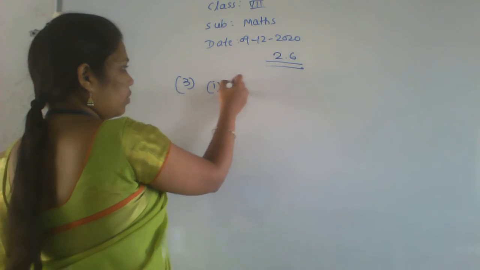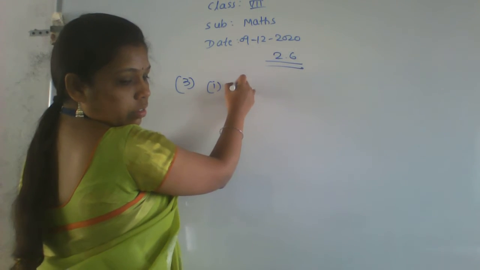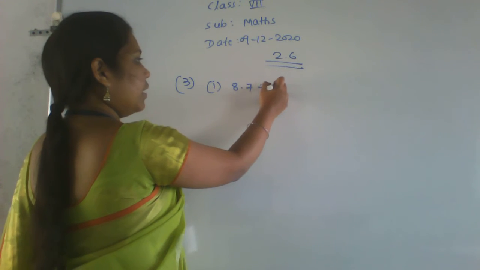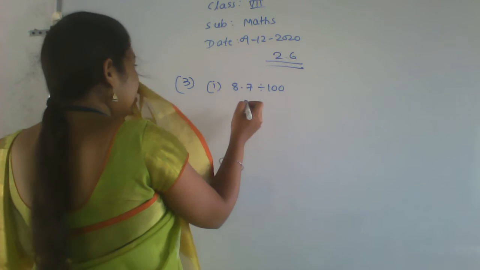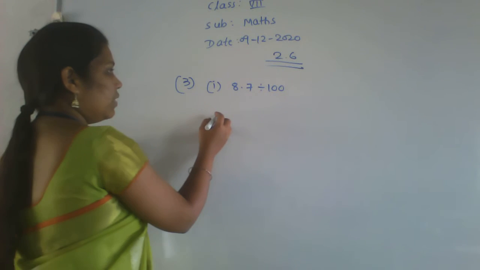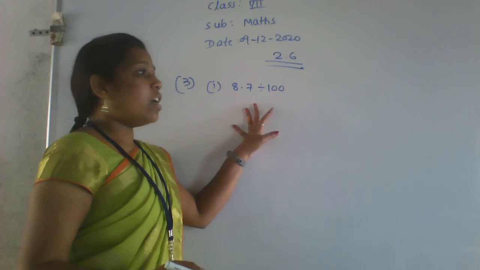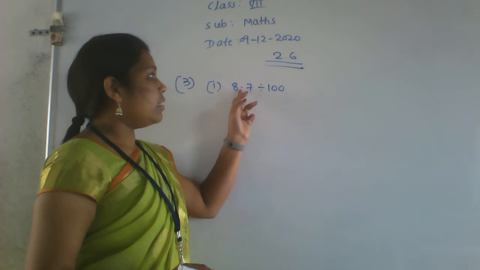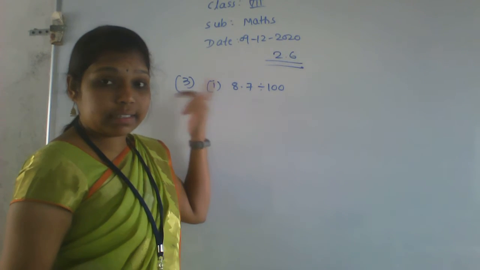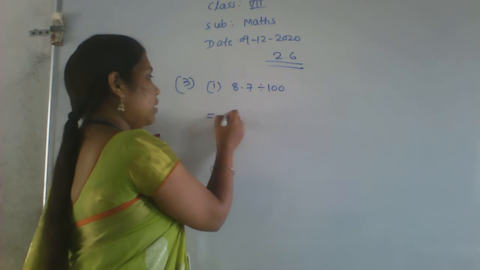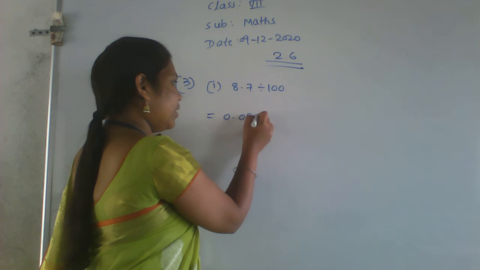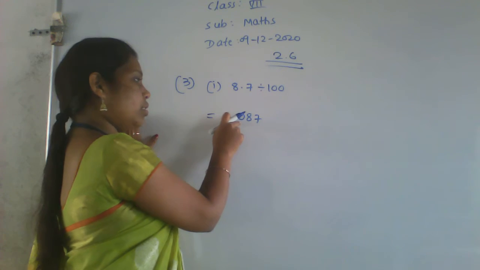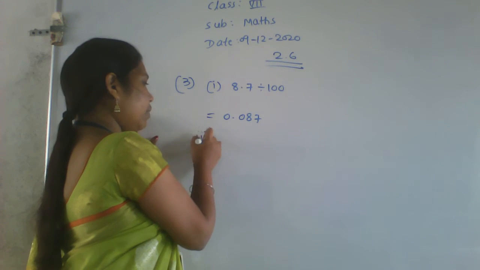Third main, first one, 8.7 divided by 100. 8.7 divided by 100 means you have to put the decimal point after two numbers to the left side. That answer is 0.087. One number, this is two numbers.